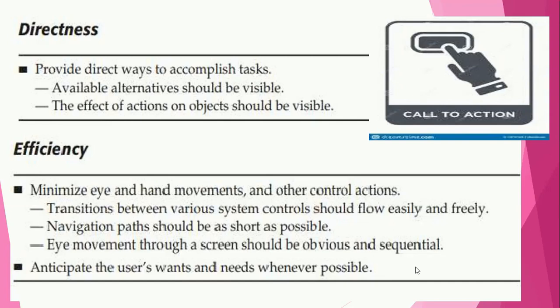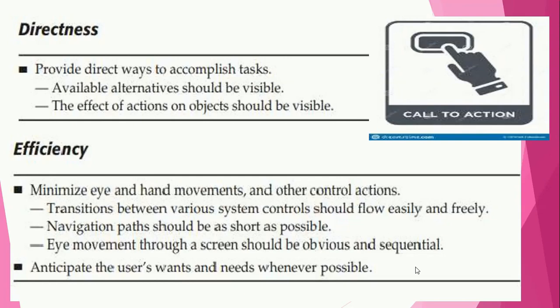Next is efficiency. Minimize eye and hand movements and other control actions. Transitions between various system controls should flow easily and freely. Navigation paths should be as short as possible. Eye movement through the screen should be obvious and sequential.